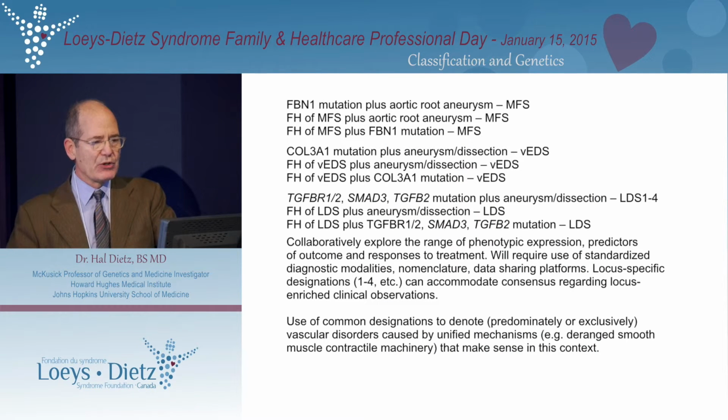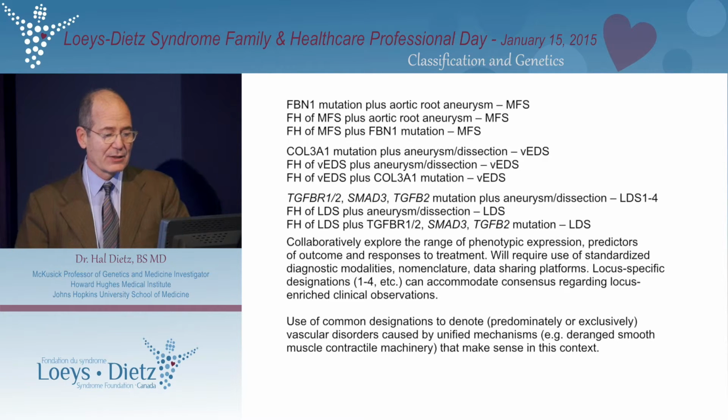So, I think that we should use this information wisely, but I also think that we should all work together to collaboratively explore the range of conditions and the predictors of outcomes and the responses to treatment within these different classes. So, what the guideline paper suggested is that the term Loeys-Dietz syndrome is informative for these genes.